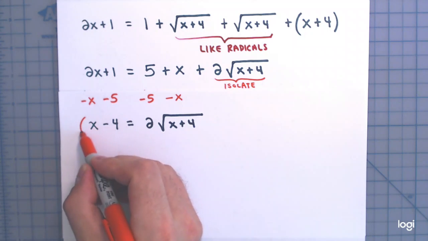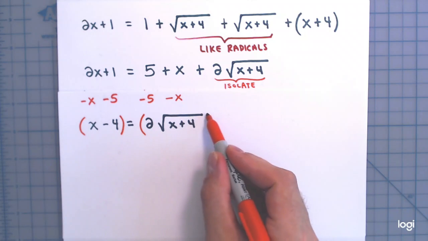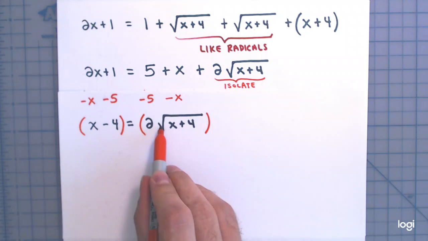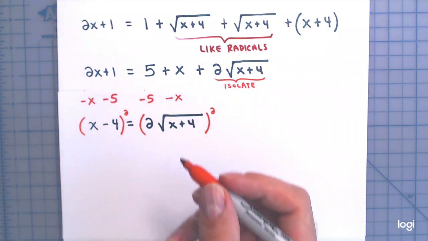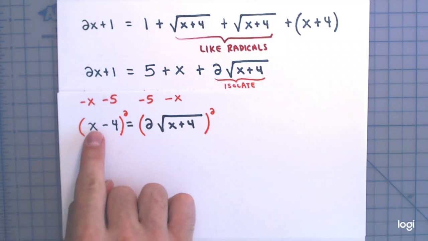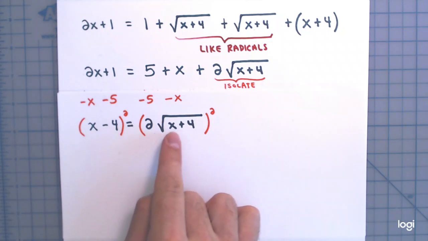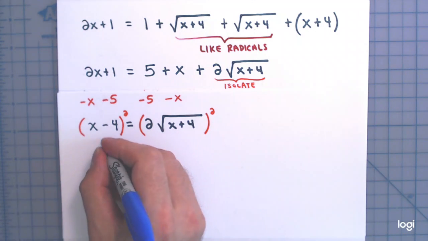I've isolated the radical term, and everything else is on the other side, and then again, I'm going to raise both sides, that entire side and this entire side, to the index of the radical, which is again 2. That's another square root. So square both sides. Don't forget, this side has multiple terms. Don't forget what it means to square a side, to raise something to the second power.